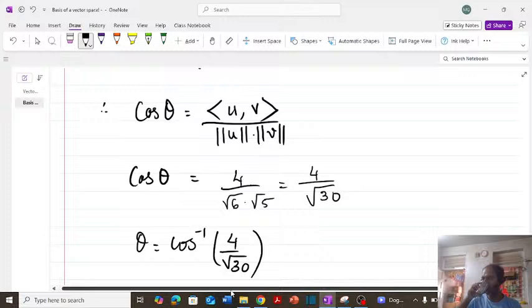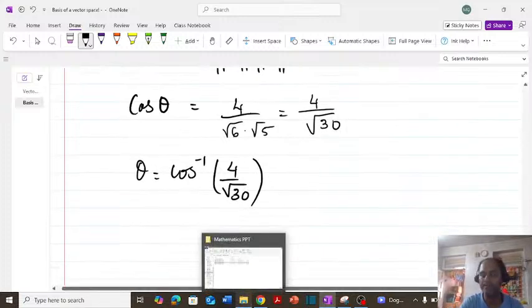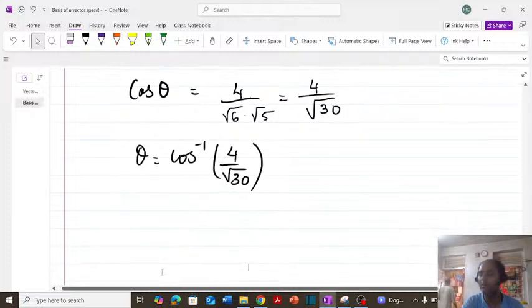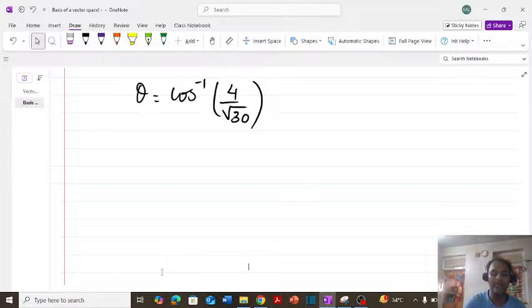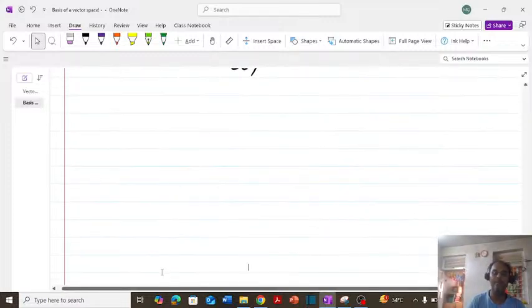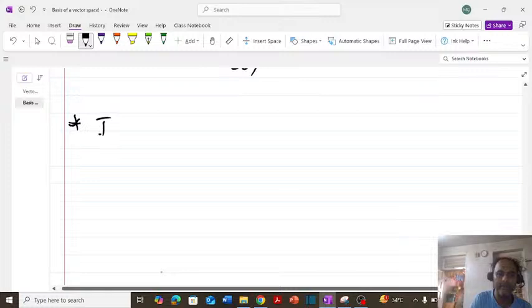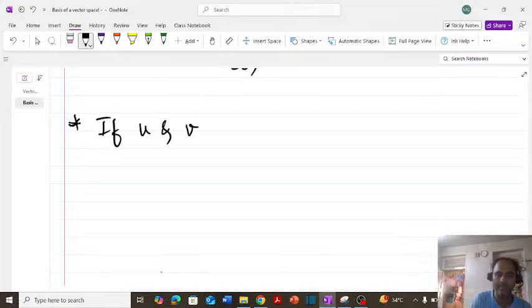Okay, now another thing here is, after the angle between the two vectors and orthogonality between the two vectors, we will also have to see how to find a vector which is perpendicular to the two vectors. So see, if u and v are two vectors, this is a very common property.